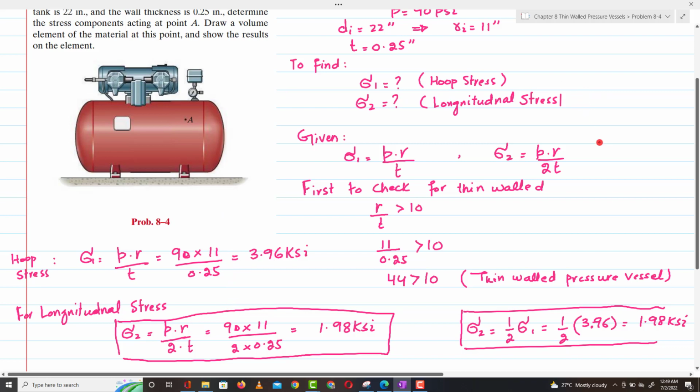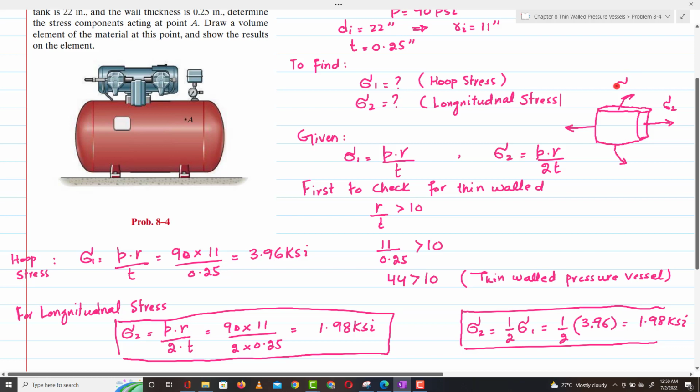So what if I draw this component at point A? This is the component at A. So your longitudinal stress will be in this direction, clear, that is equal to sigma 2, and your hoop stress will be in this direction.